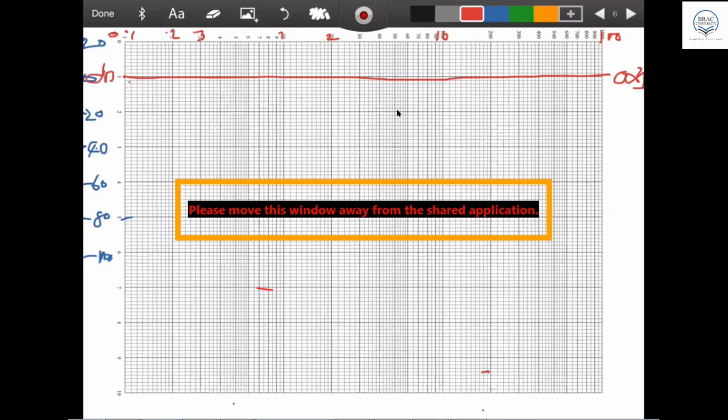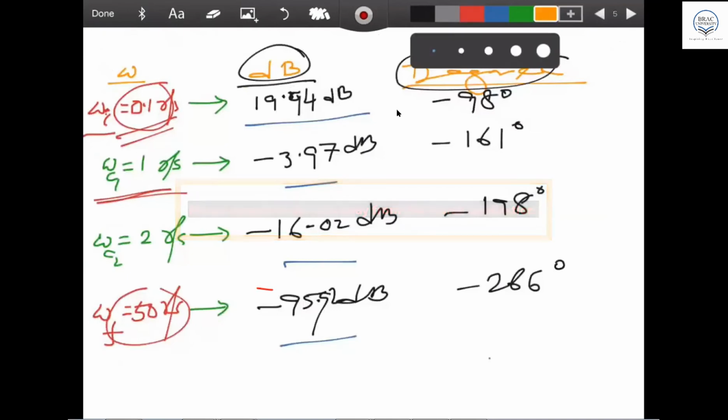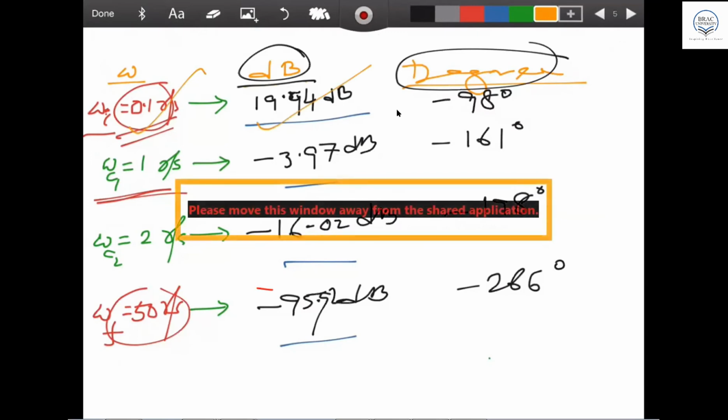The 0 dB line is drawn in this way. This is our first step for the log magnitude curve. Take the first point, for omega equal to 0.1, which is almost plus 20 dB (19.94).